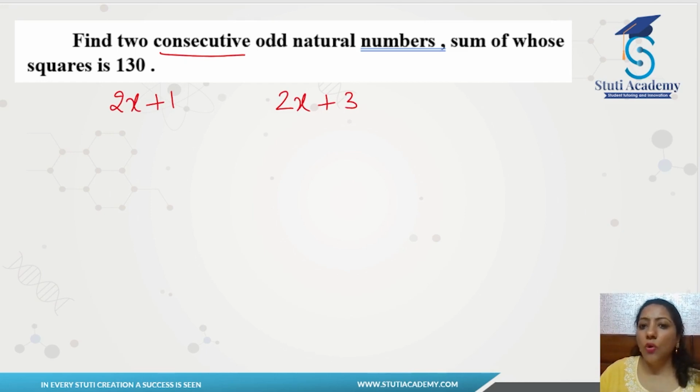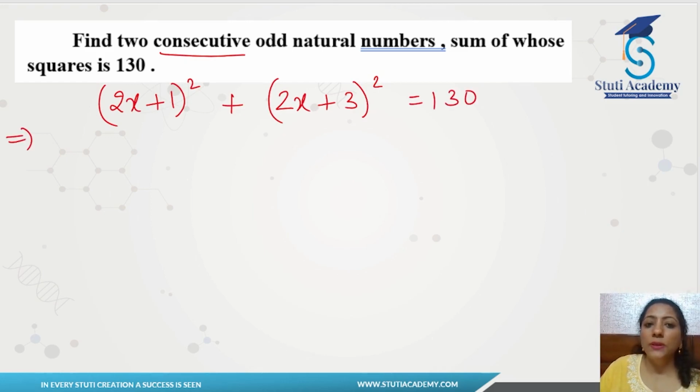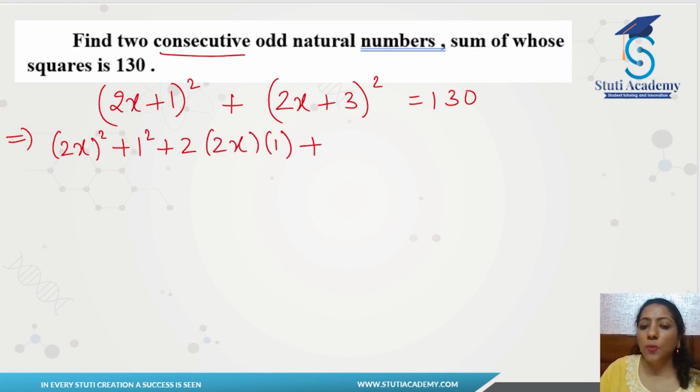Find two consecutive odd natural numbers, sum of whose squares is 130. So we know that sum of the squares of these two numbers is 130. Now we can open this bracket. a plus b whole square can be written as a square plus b square plus 2ab. In the same way, we'll open this bracket.